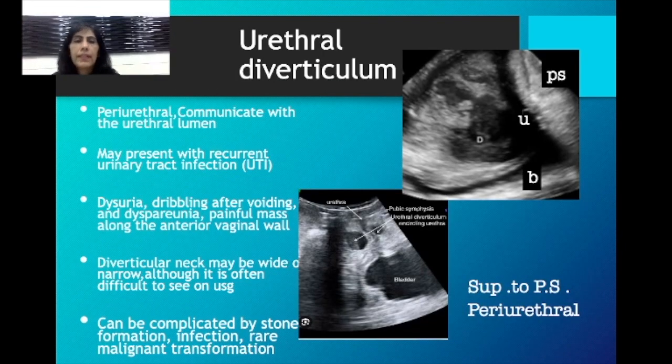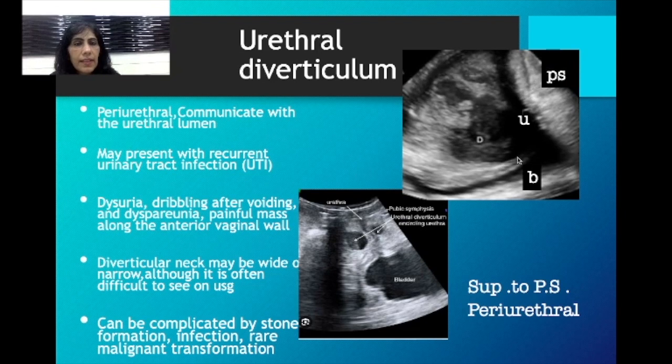Now, urethral diverticulum, the second lesion we talked about. What did we say? This would be superior to the pubic symphysis. So yes, this would again be superior to the pubic symphysis, and it would be periurethral. It will communicate with the urethra. So what we see here: the pubic symphysis, although not very clearly seen in this picture, is somewhere here. This is the urethra.